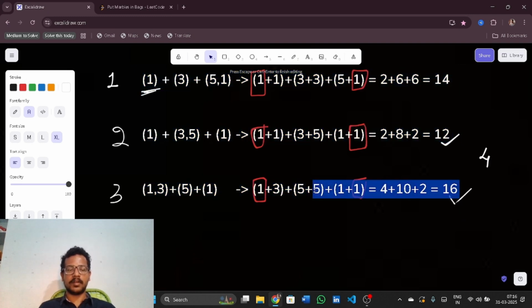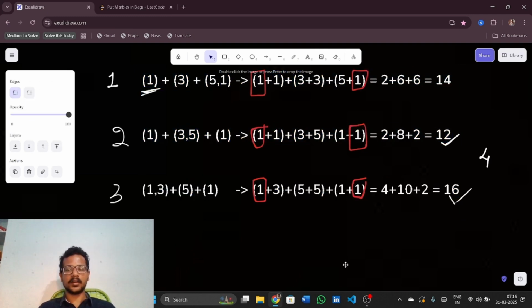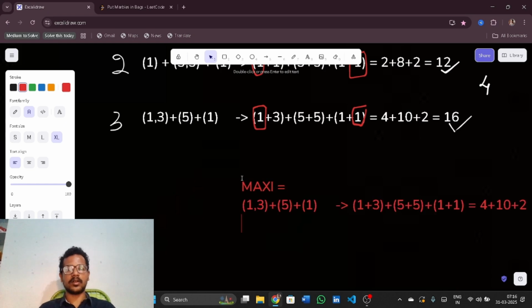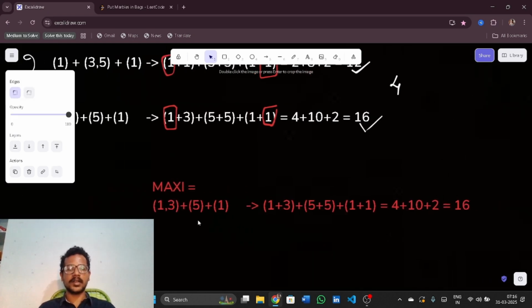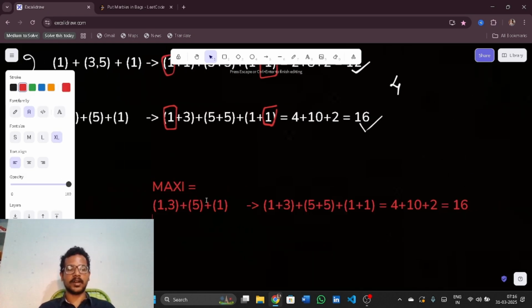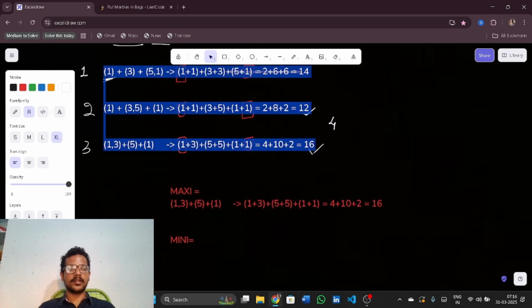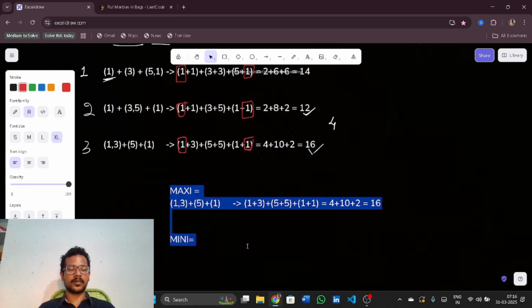Now let me take this, and the maximum that I got is this. And let me take the minimum one which I got. The minimum is something like this.